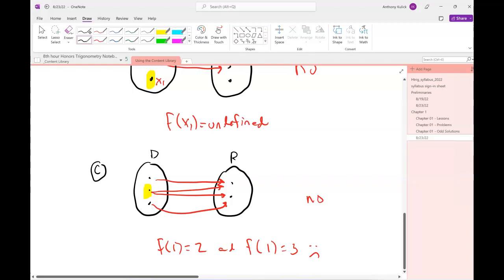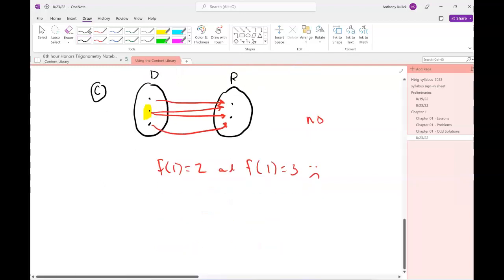Now, how often did we actually represent our functions using a mapping diagram? Like never, right? That's not something we really did. What's the most common way we represent a function in your Algebra 2 class? With an equation, right? So let's look at some equations.